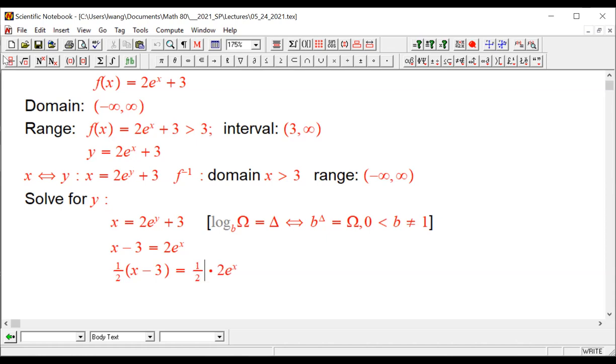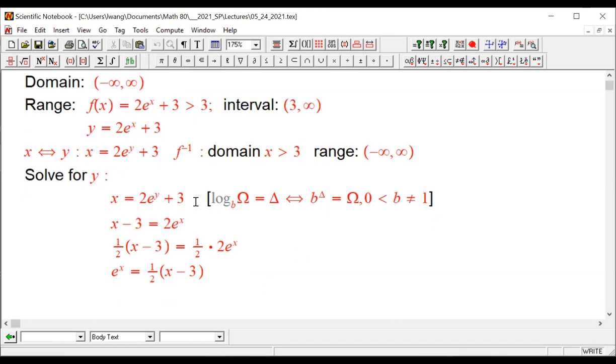If we switch sides, which you don't have to do but it looks a little easier, e to the power x is equal to half of x minus 3.